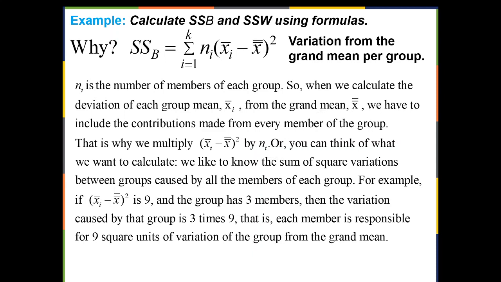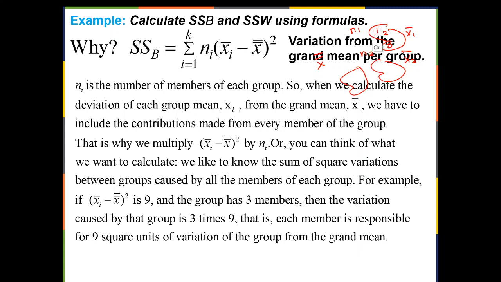So if we have 3 groups, or whatever number of groups, and we have n1 and a bunch of numbers here, we take the x bar of this and then find x double bar. Then we subtract x double bar from it, square it, and multiply by n1. Then we have x2 bar. We subtract x double bar from that, square it, and multiply by n2.